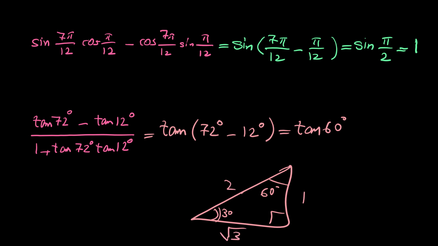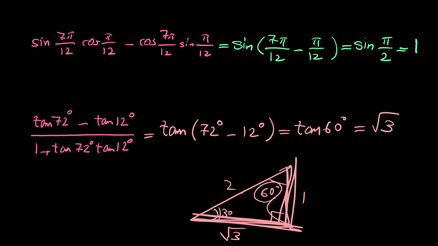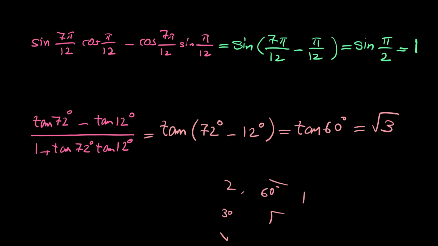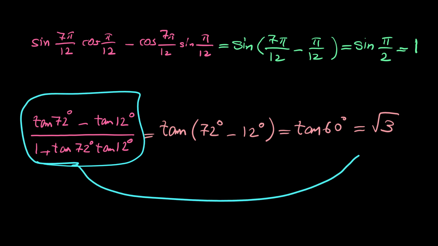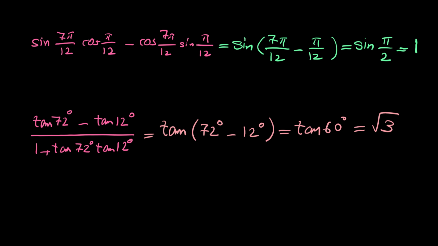What is tangent of 60? Tangent is opposite over adjacent. So tangent of 60 is radical 3 over 1, or radical 3. Tangent of 60 degrees is radical 3. The value of this expression is radical 3. And you can check this with a simple calculator.